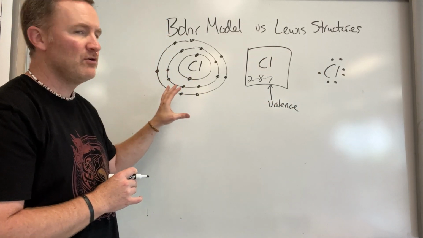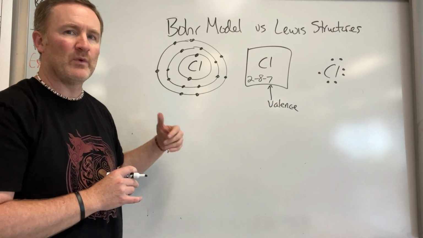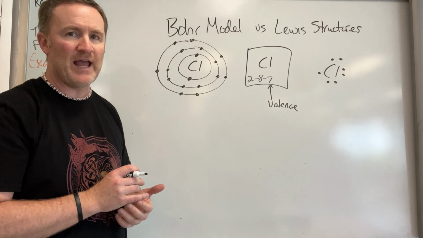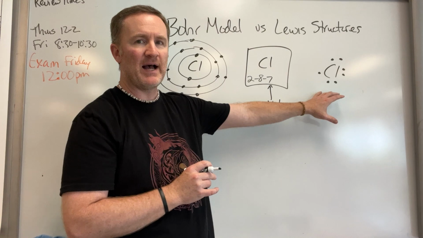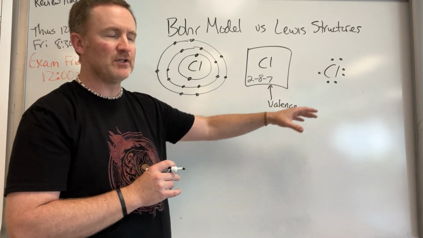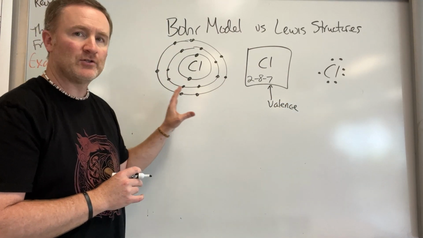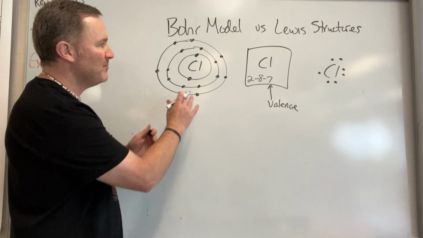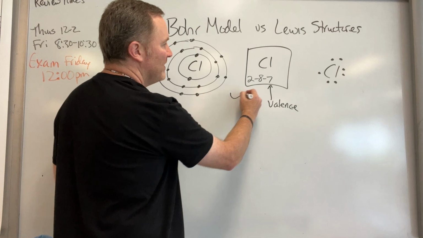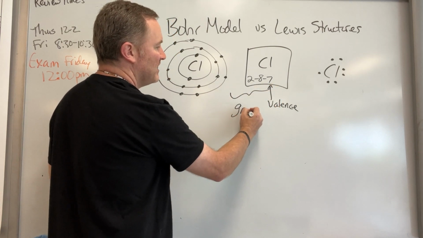So Bohr models are usually only shown when we're talking about individual atoms and individual elements. Lewis structures, when we're talking about bonding, and we have multiple atoms together, we're going to use the Lewis structure. Bohr models are also great when you talk about excited state electrons and ground state. So for example, all 3 of these numbers right there are called the ground state.